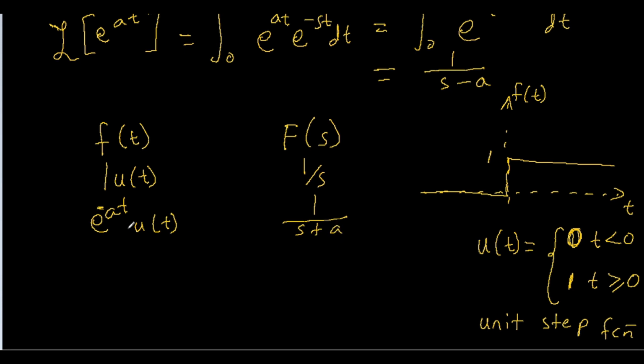But when I multiply by u of t, it means that at time t less than 0, I am multiplying this function by 0.